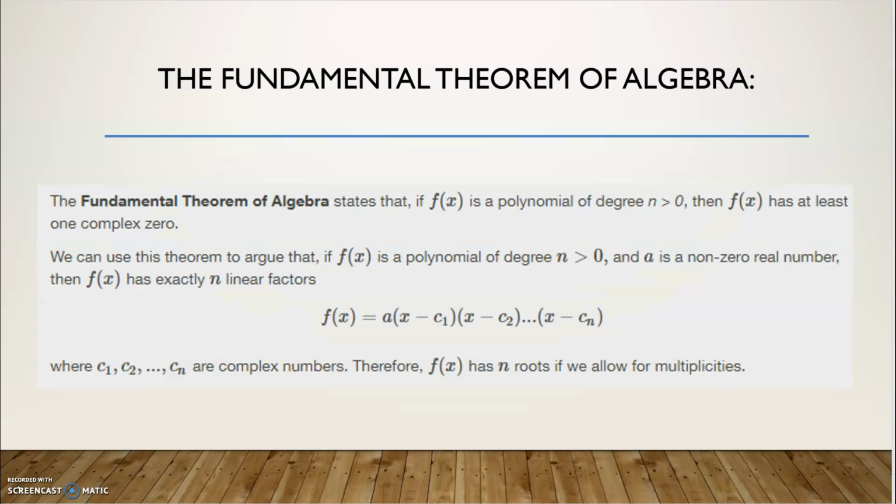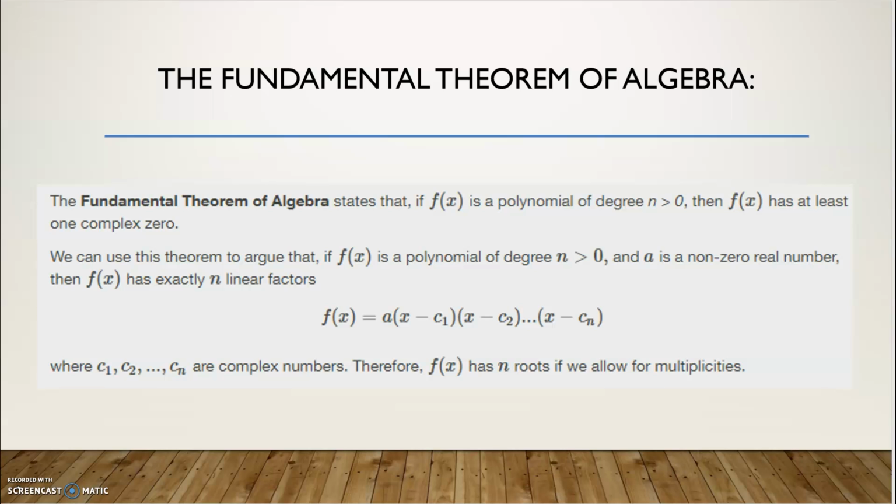Okay, the fundamental theorem of algebra. It states that if f of x is a polynomial of degree greater than 0, then f of x has at least one complex 0. We can use this theorem to argue that if f of x is a polynomial of degree n greater than 0, and a is a non-zero real number, then f of x has exactly n linear factors.